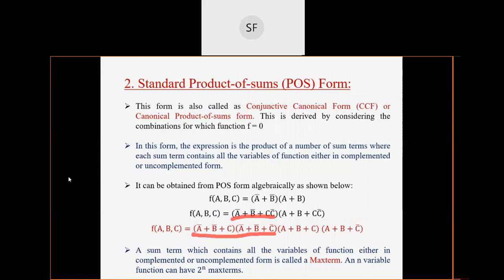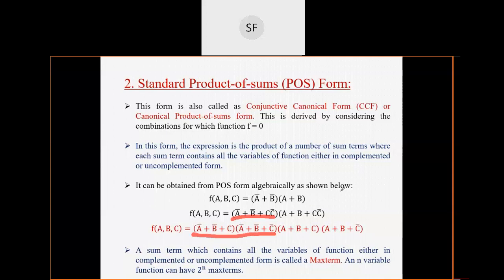So this is homework for you. You have to multiply these two brackets. How will the multiplication be? A bar into A bar plus A bar into B bar plus A bar into C bar. Then B bar into A bar, B bar into B bar, B bar into C bar. Then again C A bar, C B bar, C C bar. When you operate them, A bar into A bar will be A bar only.